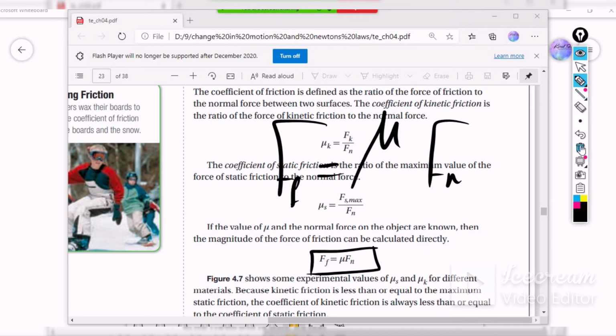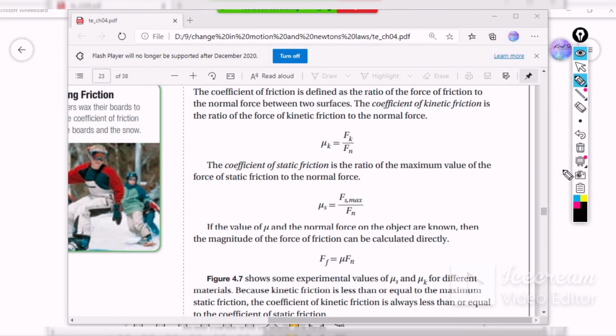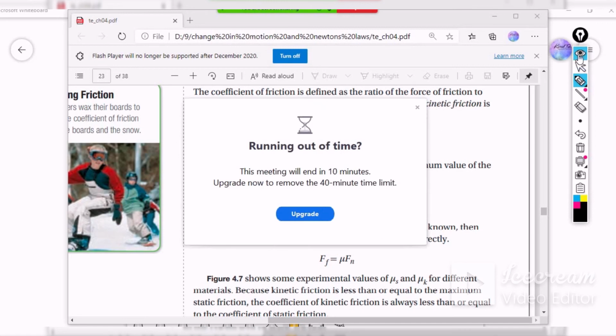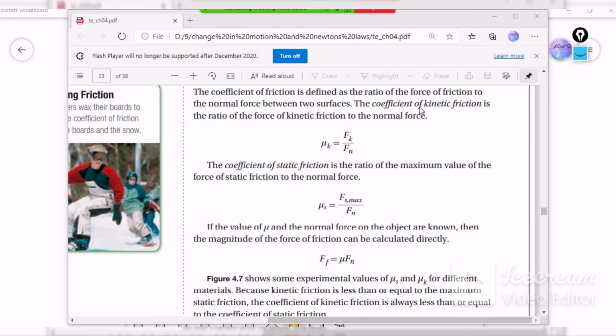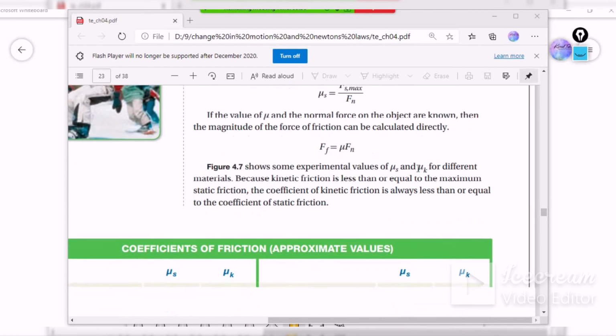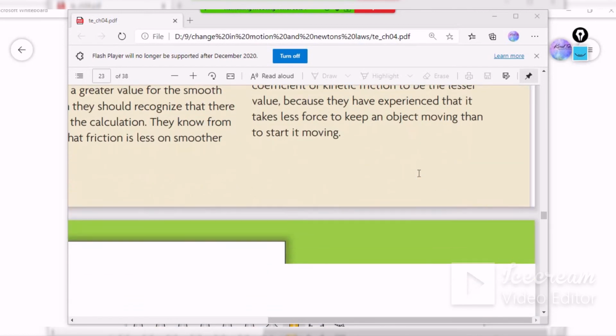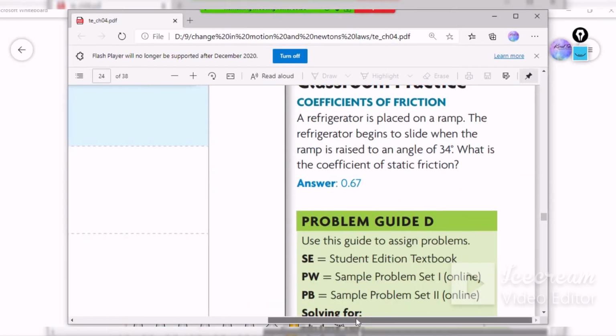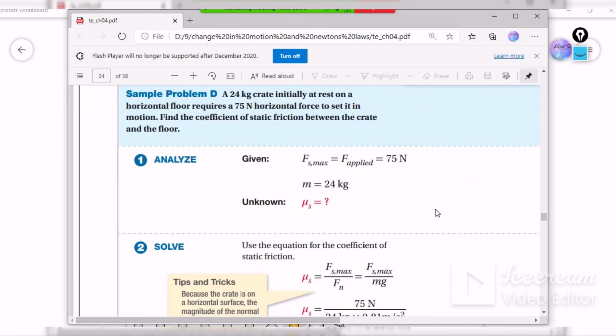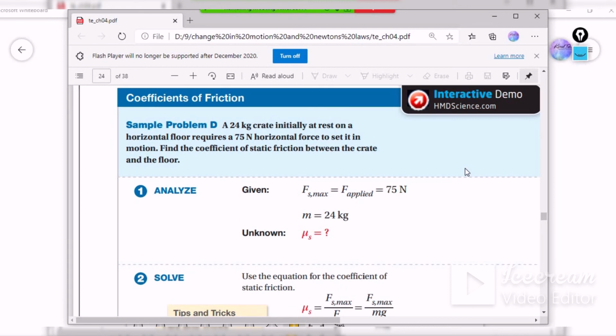Okay, now let's answer a question quickly because we do not have more time. The question here is talking about static friction. It is very important to understand how you can get the numbers, the frictional force and the normal force.